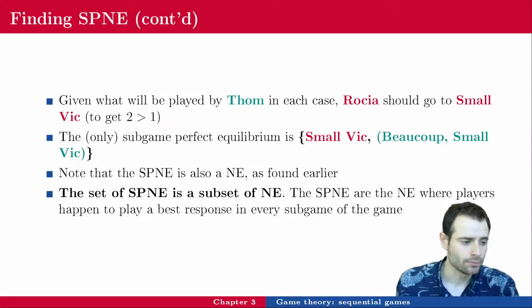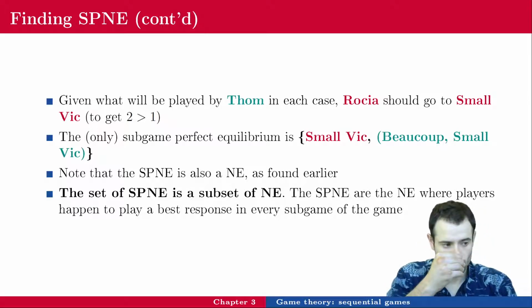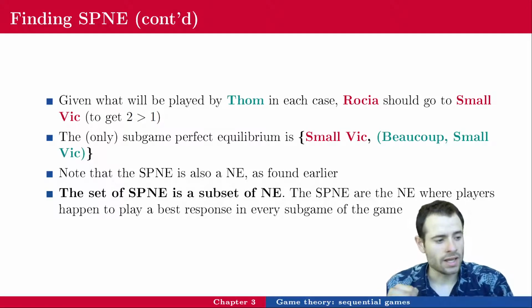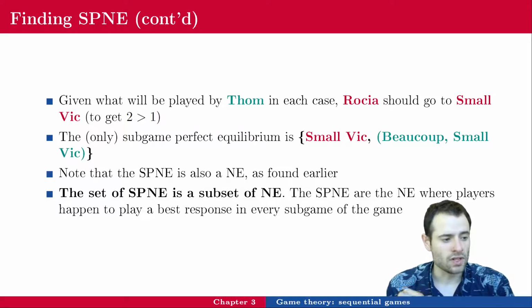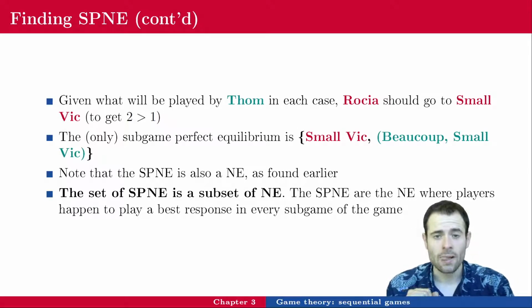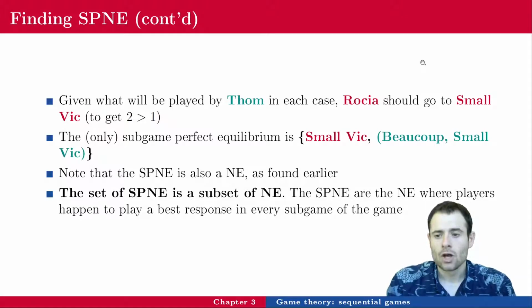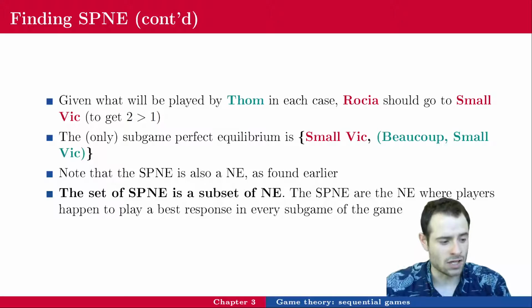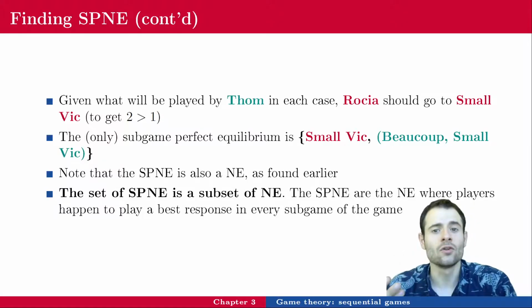Any questions? So in the chat I read, Rosia plays small victory and Tom plays small victory is SPNE. No, SPNE is a profile of strategies. You listed the strategy of Rosia correctly, but you did not list the strategy of Tom correctly. The strategy of Tom is Boku small victory. If you write the SPNE as you did in the chat, you will not get full marks in an exam, for instance.